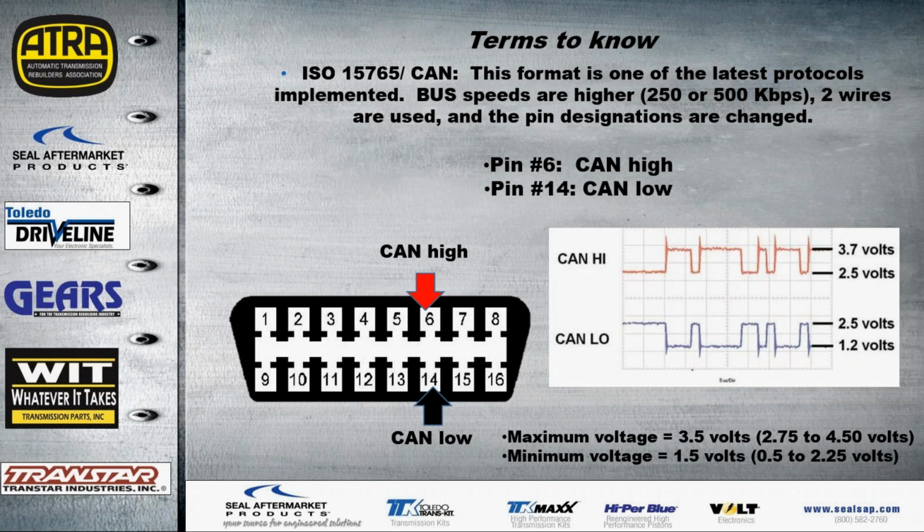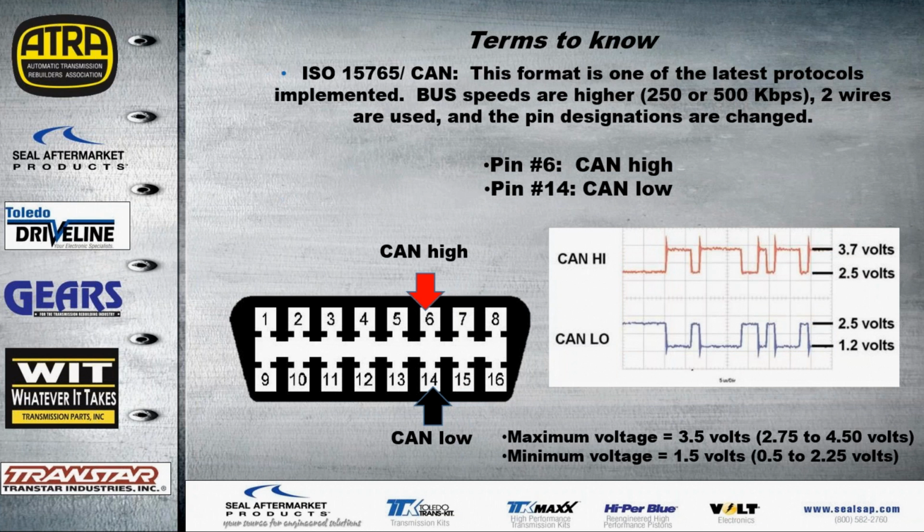Next, we have the ISO 15765, otherwise known as the CAN bus format. This is the most popular one that's used currently by many of the manufacturers, both foreign and domestic. And as you notice on the lower right-hand side with the graph, we have a CAN high and a CAN low, and the voltages are a lot less varying.